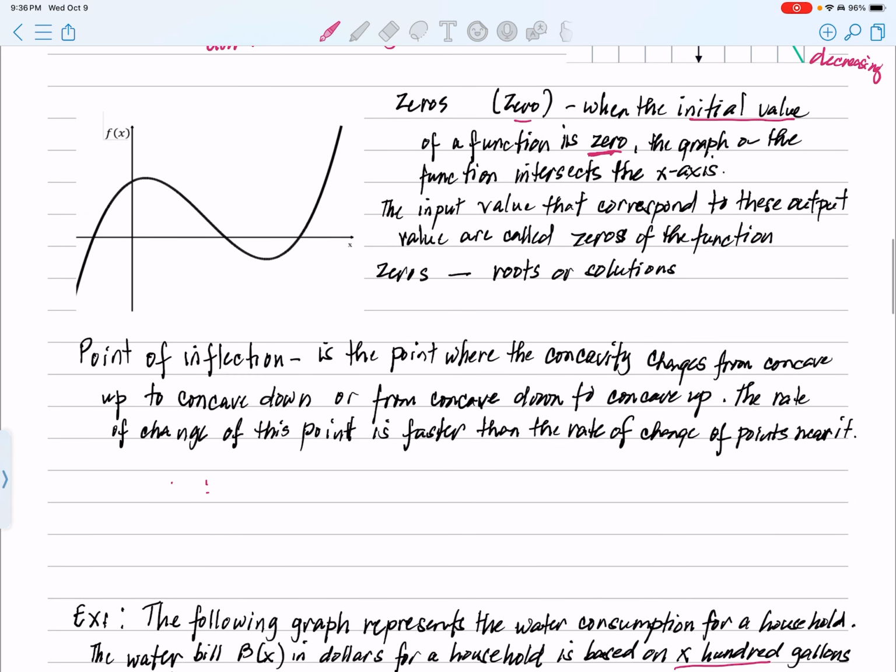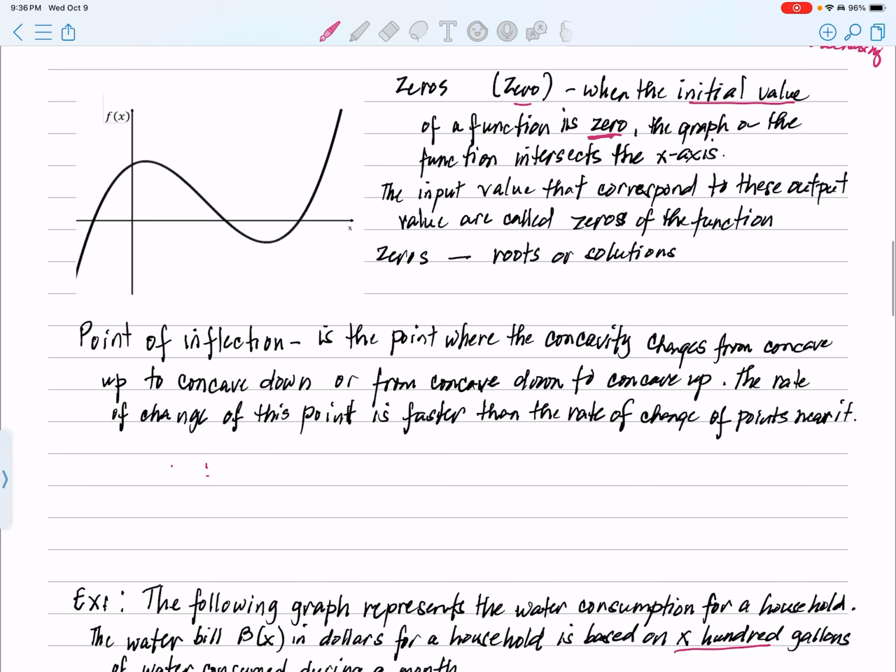So I said concavity and zeros and the y-intercept are the basic elements of the function. So we have the zeros. I will write it here. Basic elements.